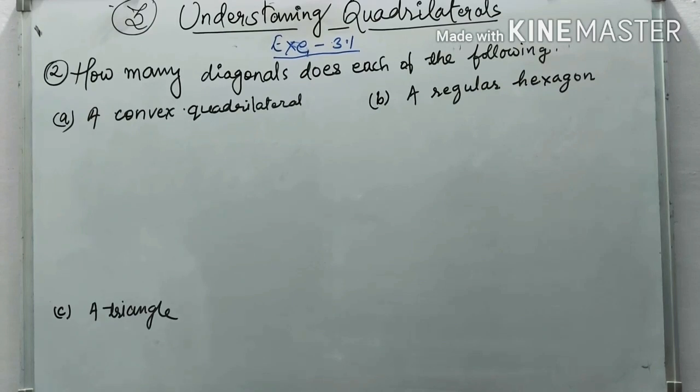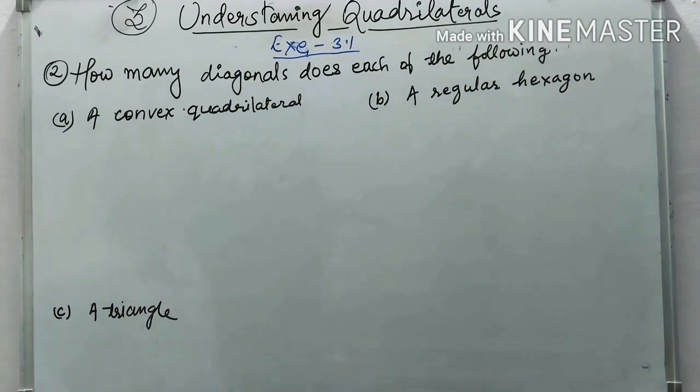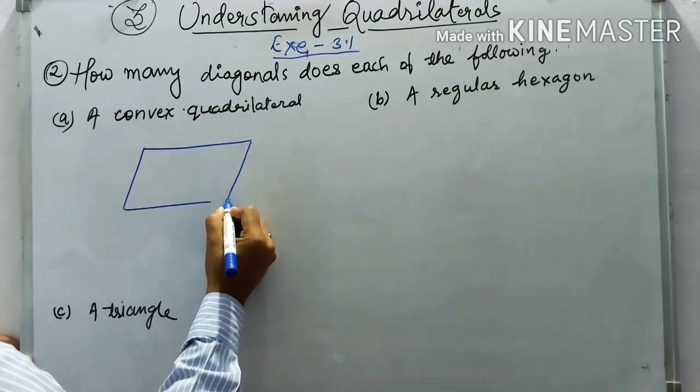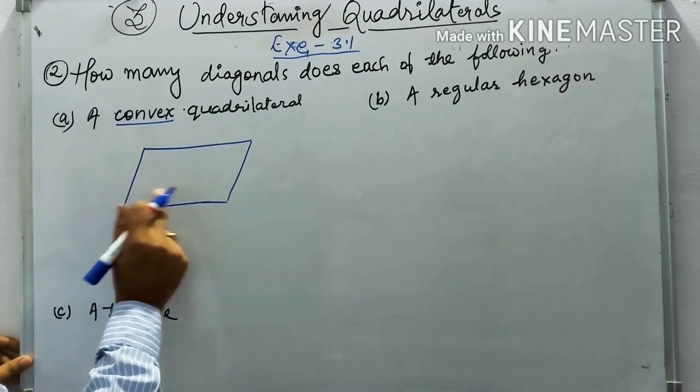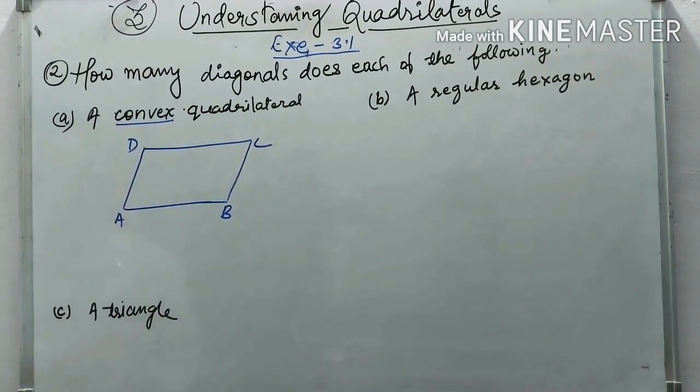Question number two: how many diagonals does each of the following have? Here are three parts. First is a convex quadrilateral, second is a regular hexagon, and third is a triangle. Okay, first we will draw a diagram of a convex quadrilateral. A convex quadrilateral means a four-sided polygon, in which angle A, angle B, angle C and angle D are each less than 180.